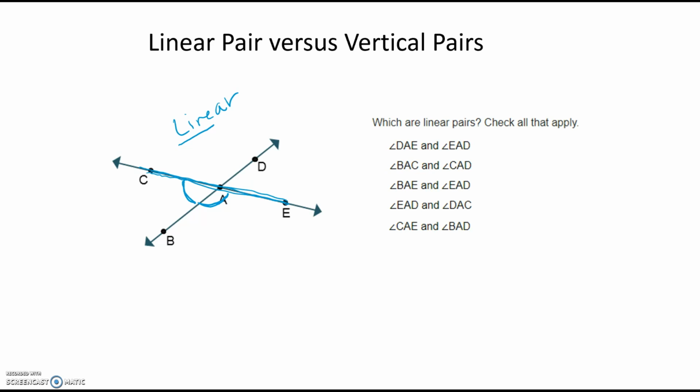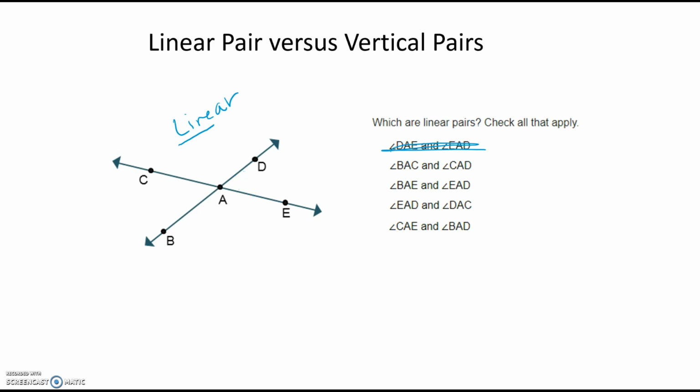So when a question asks which ones are linear pairs, we have to be pretty careful. DAE is right there, and EAD is exactly the same angle, so that's certainly not one of our pairs.